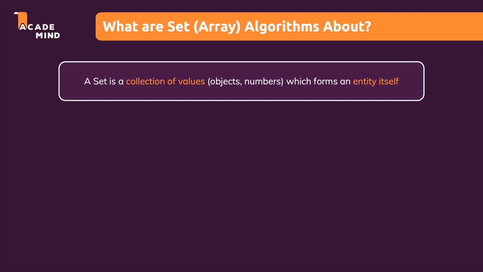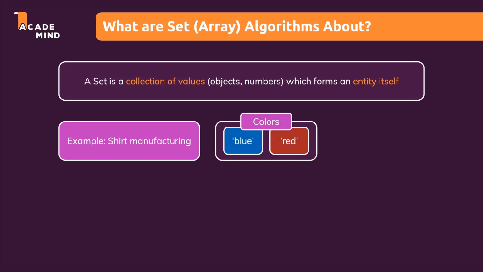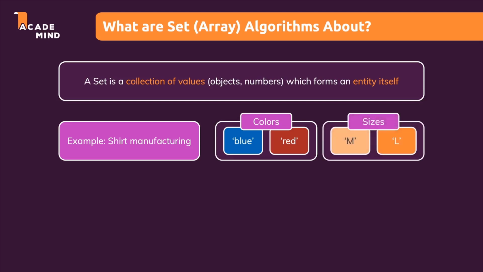Now let me give you an example. Let's think about shirt manufacturing. You're owning a factory, a company that creates shirts, t-shirts, regular shirts, whatever. Now, when you're working on your new shirt, you might have different options for the colors of the shirt, and you might also plan to produce certain sizes for the shirt.